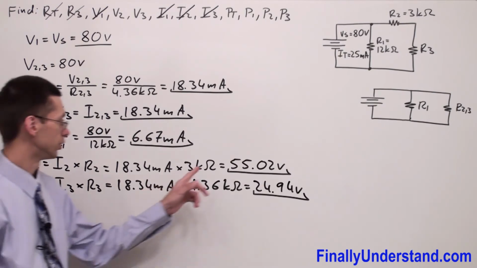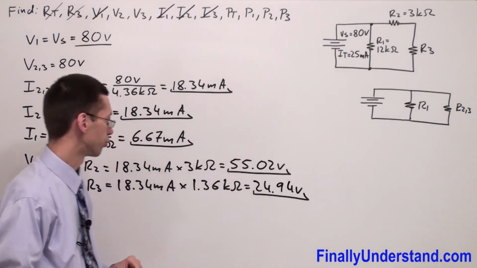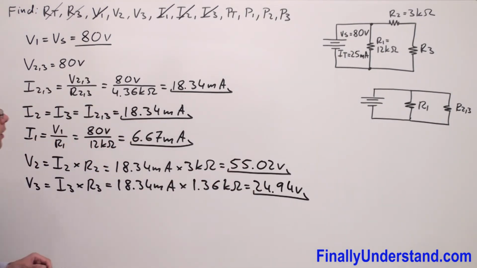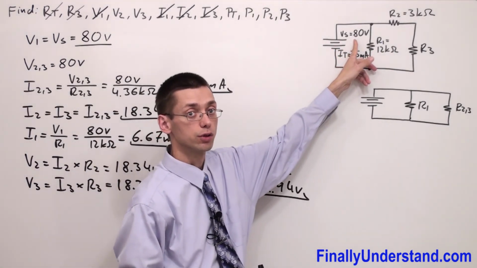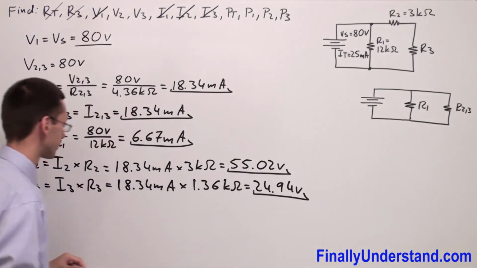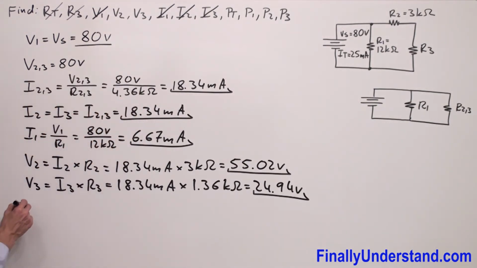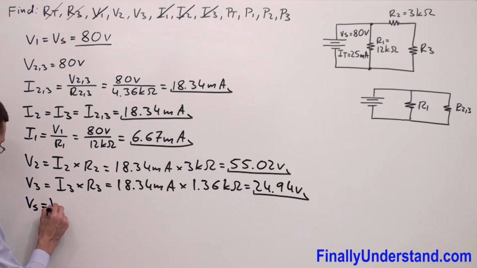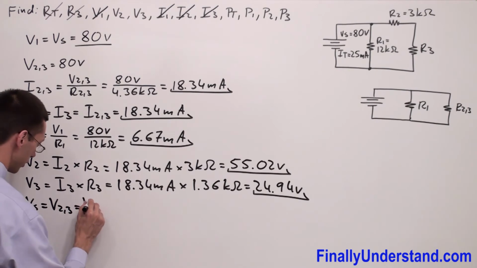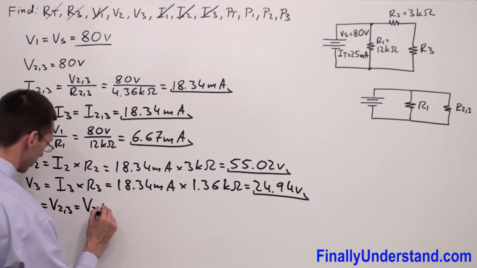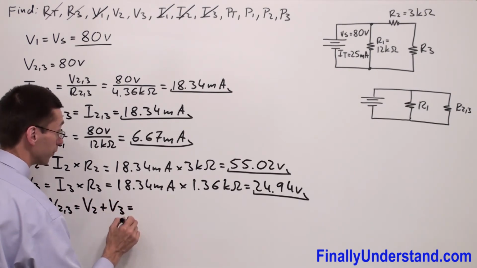If you add these two voltages, you're supposed to get a value around 80 volts. Okay, so let's verify. So the voltage source, or we can say V23, is equal to V2 plus V3.